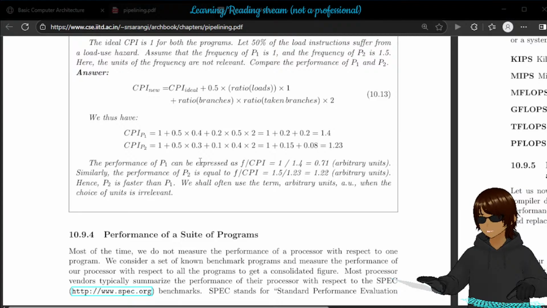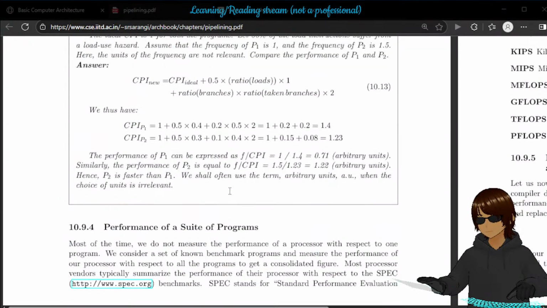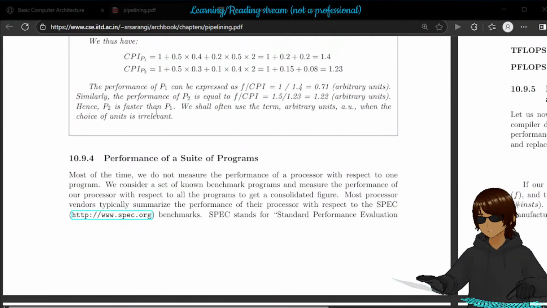The performance of P1 can be expressed as F divided by CPI, which is equal to 1 divided by 1.4. Hence, P2 is faster than P1.